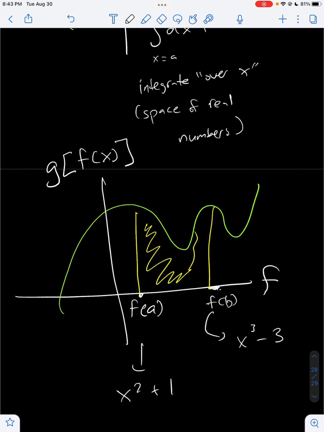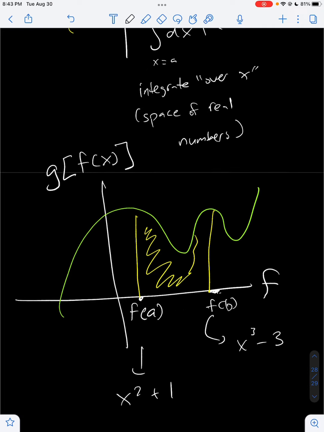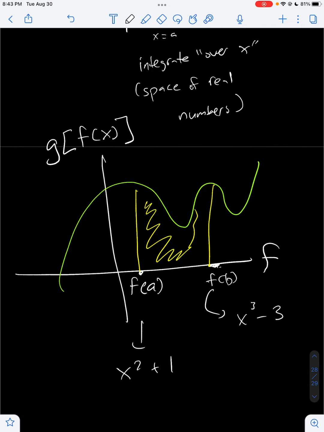So it's pretty weird how instead of integrating over points, we're integrating over functions. So we say that we're integrating over a function space, or the space of functions, a set of functions, right?